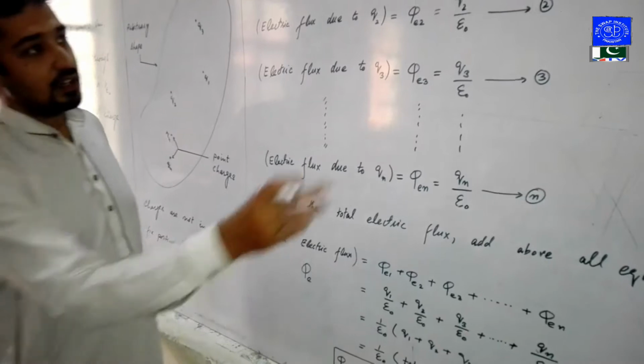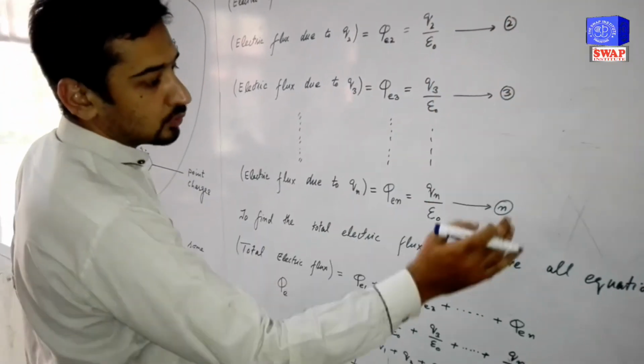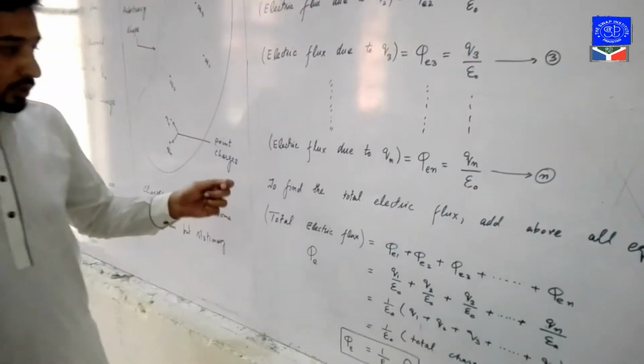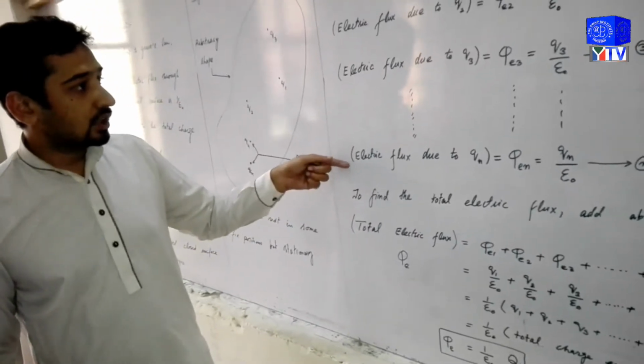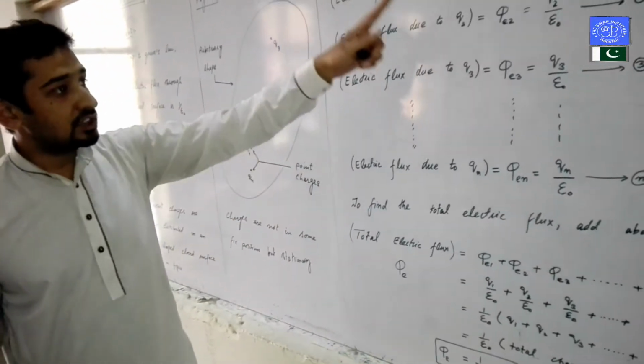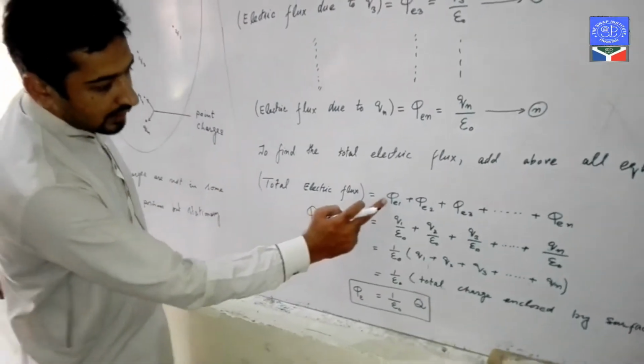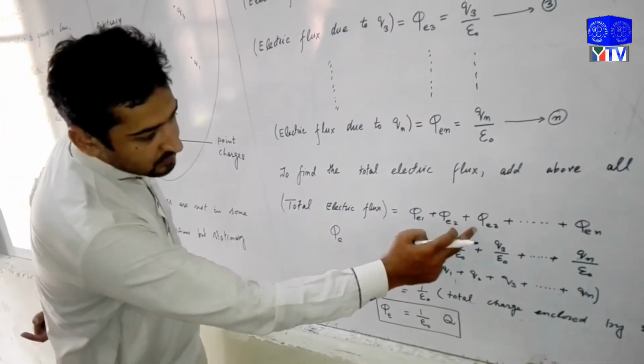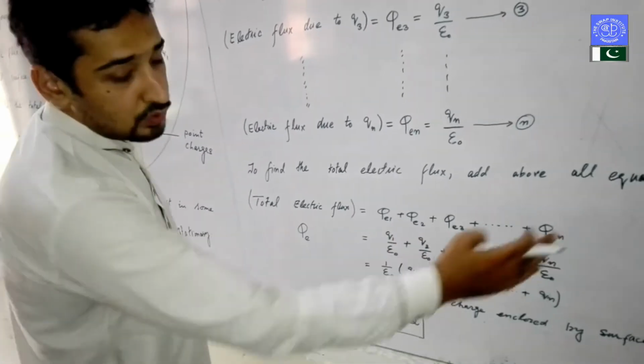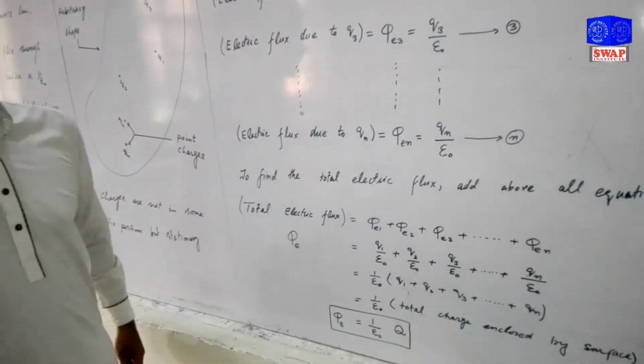These are equations 1, 2, 3 up to the nth equation, and we can calculate the total electric flux by adding them. So the total electric flux is equal to phi E1 plus phi E2 plus phi E3 up to phi En.